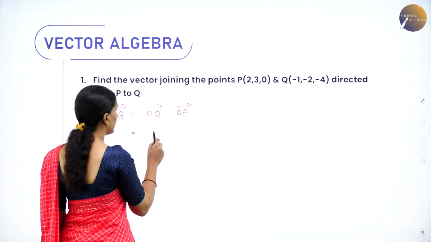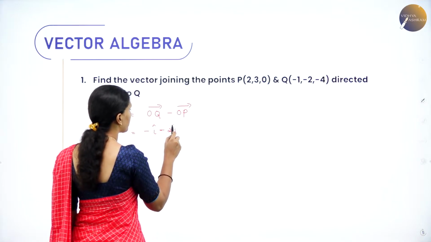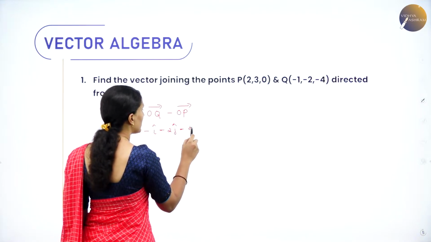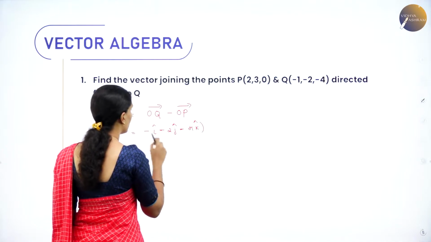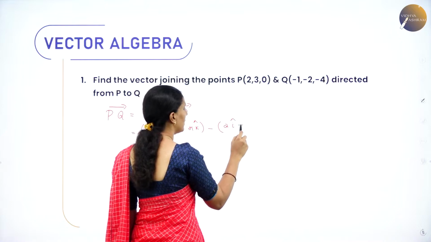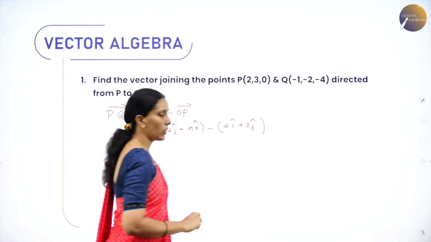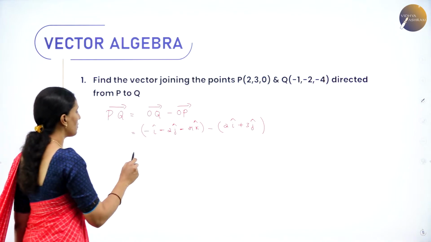Then this is minus i, minus 2j, minus 4k, minus 2i plus 3j, and there is no k because 0 into k is 0. Now subtract it.